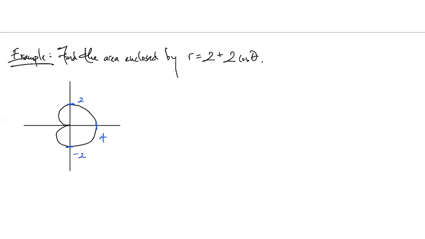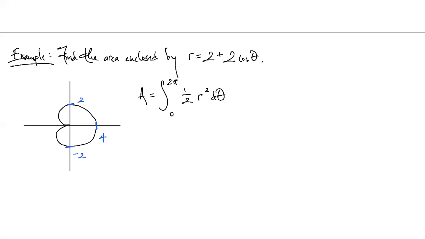Okay. And so when we look at area, the area formula we're going to have is we're going to go from 0 to 2 pi of 1/2 r squared d theta. Okay. It's a cardioid, close, cardioid, not a carotid.